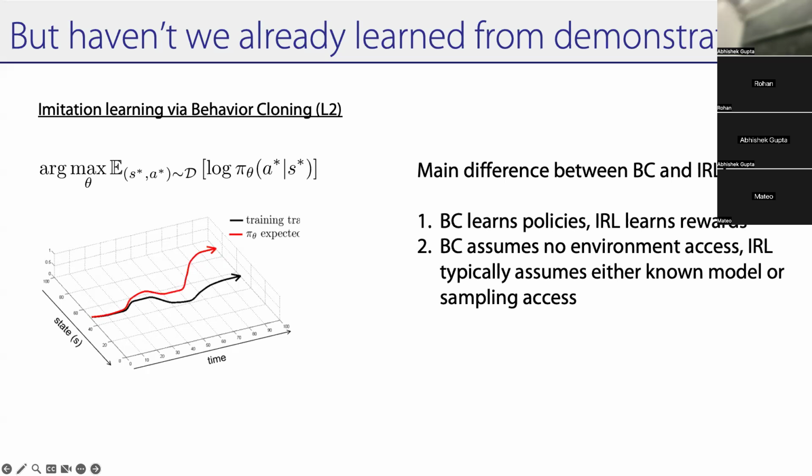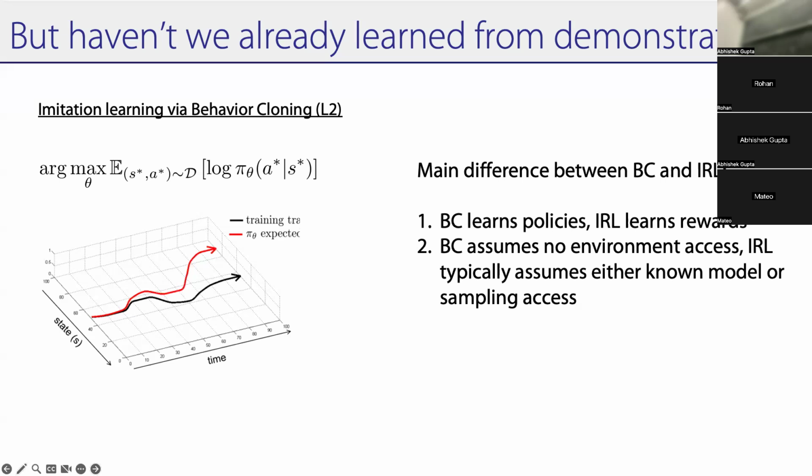You get a bunch of data, do behavior cloning, and have a policy ready to go. Inverse RL, because it's learning a reward function, is not something you can run in the world. You need to go from a reward function to a policy through RL, so you have to redo policy optimization to get something you can run in the world.